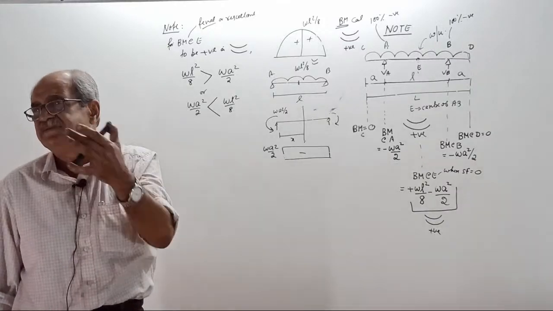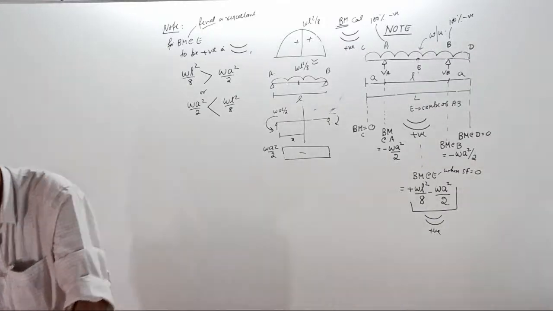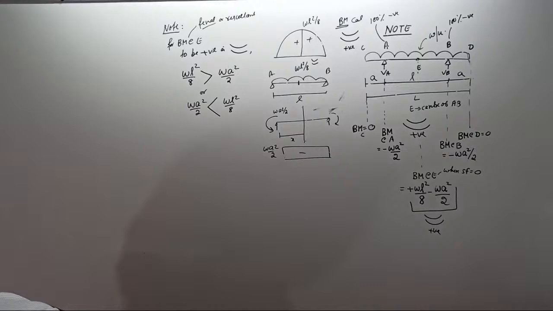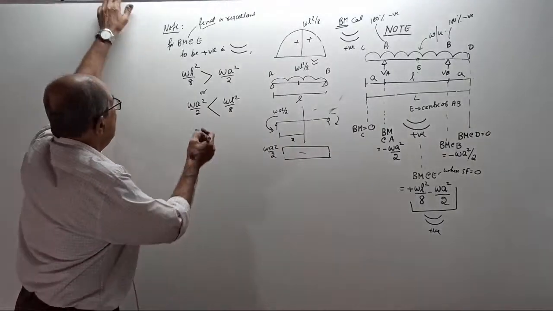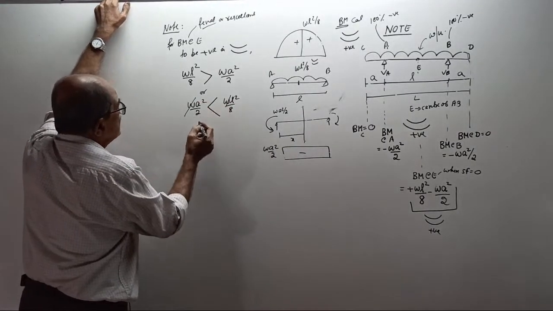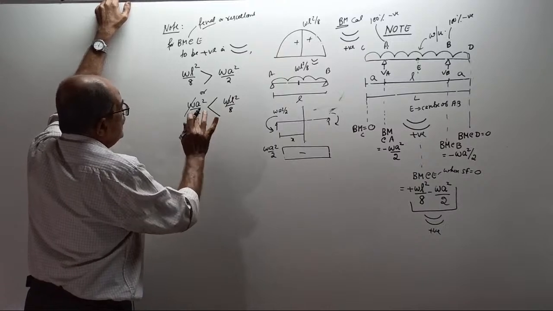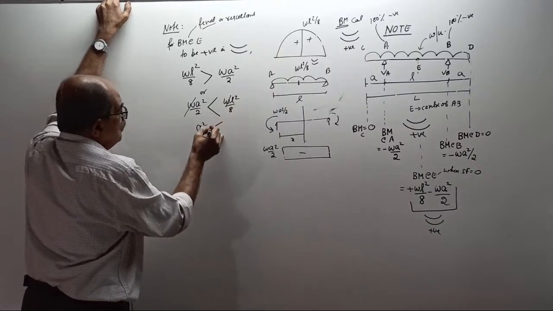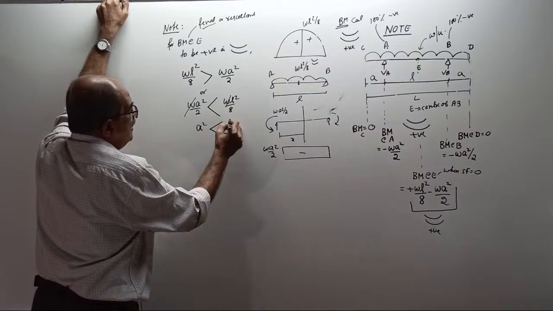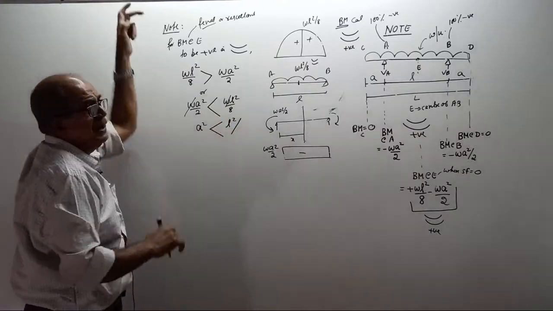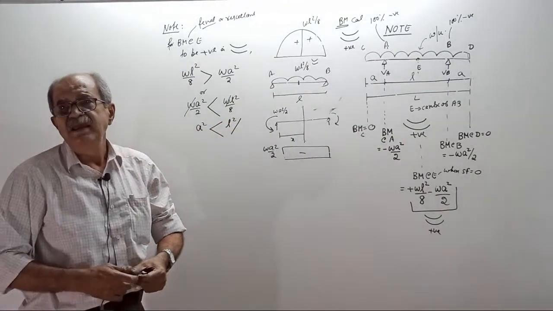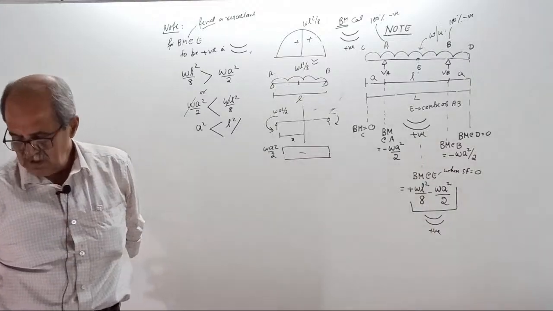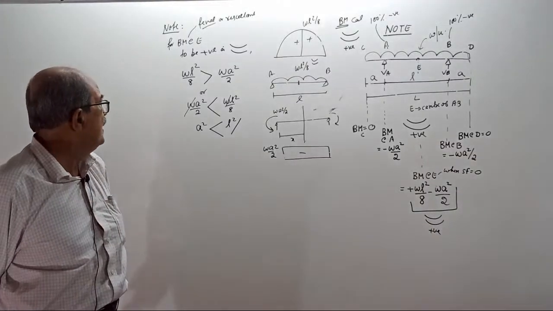Because my purpose is A, I want it on the LHS. Clear? Lesser. W cancels, A square, take 2 that side, should be less than what? L square by, tell a number. High school mathematics.